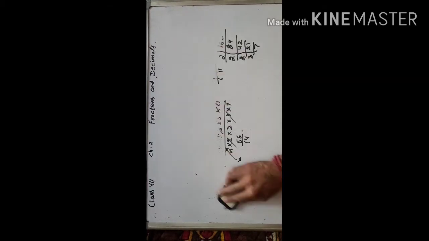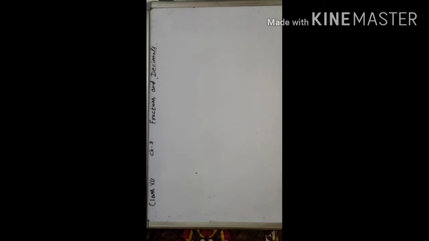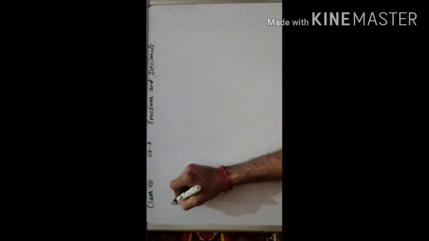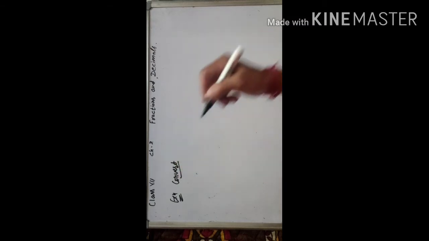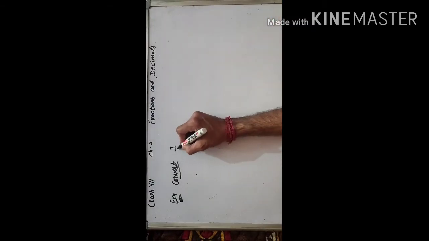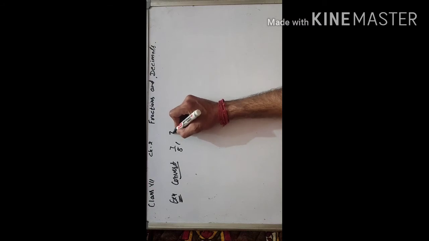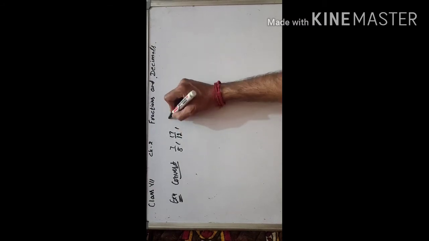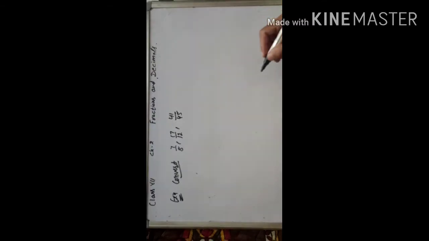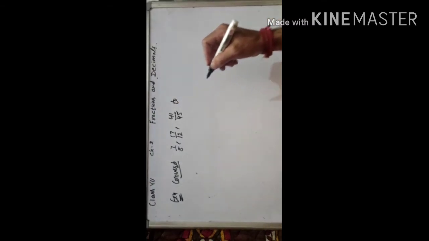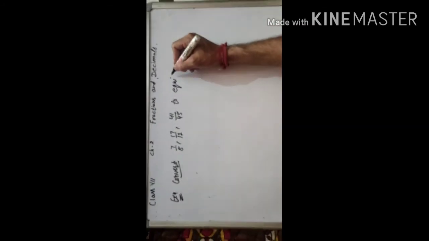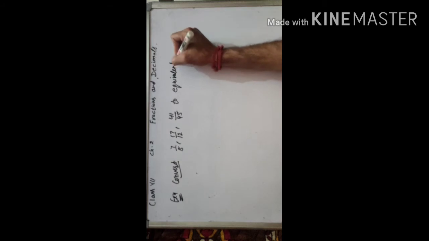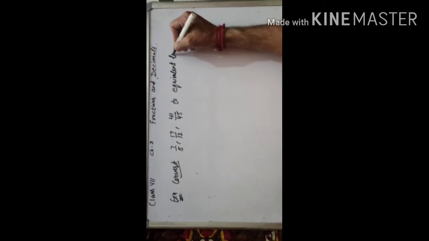Now next, example number 4, that is, convert 7 by 8, 17 by 12, 41 by 45 to equivalent like fractions.